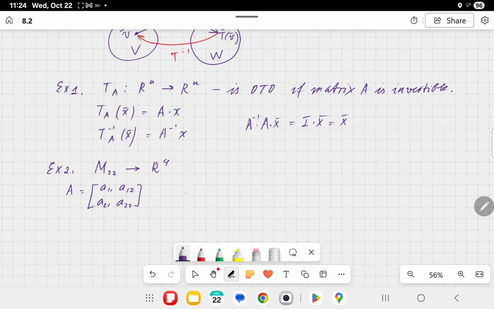So we transform it the next way, transformation of, let me use M here, transformation of M is going to be A11, A12, A21, and A22. This is also going to be a one-to-one transformation, and it's going to have an inverse.